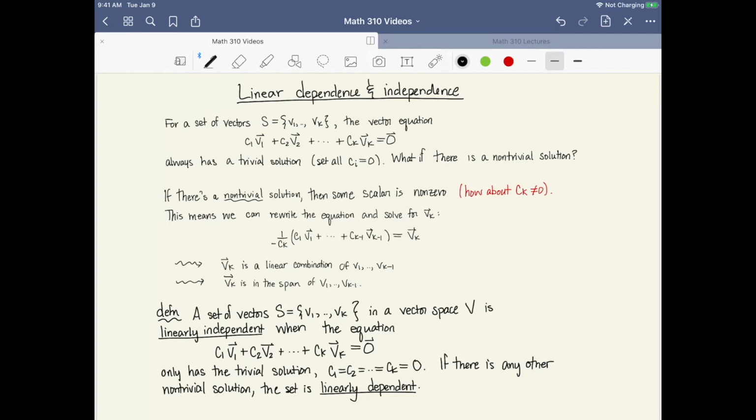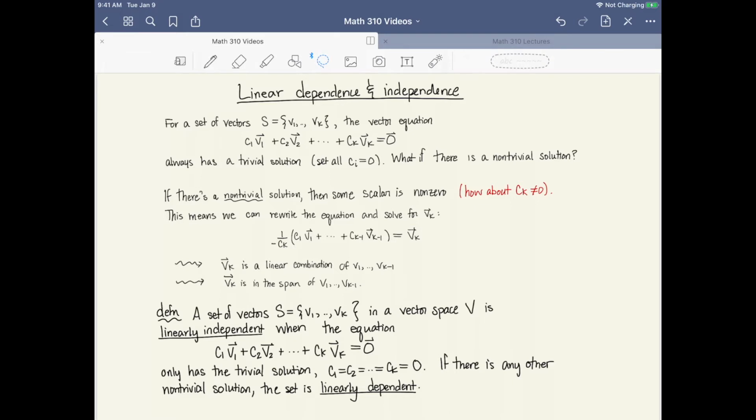Otherwise, if there's any other non-trivial solution, then the set is linearly dependent for the reason that we just explained above. If there's any other non-trivial solution, you can use it to write one of the vectors in terms of the other vectors, making the existence of a dependence in that set. So this is going to be our definition of linear independence.